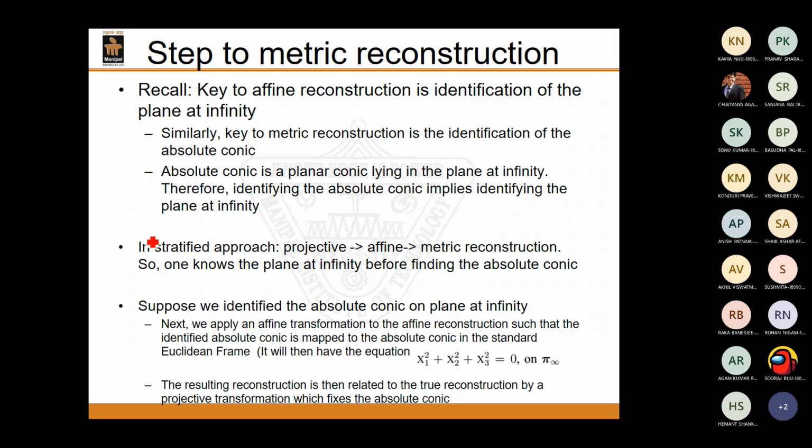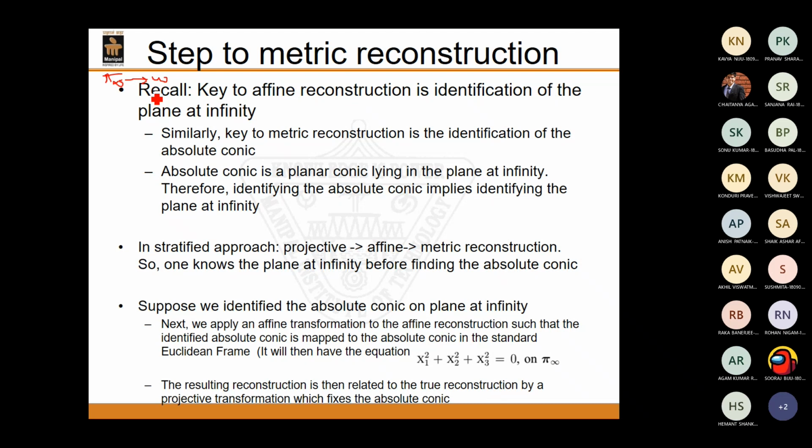So if you have to go from affine to metric reconstruction, again, as I said earlier, we need some kind of extra information. After identifying the plane at infinity, you need some information regarding the conic, the absolute conic, in order to convert from the affine space to the metric reconstruction, right?